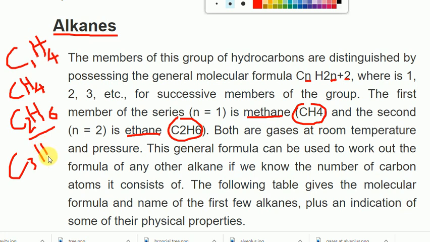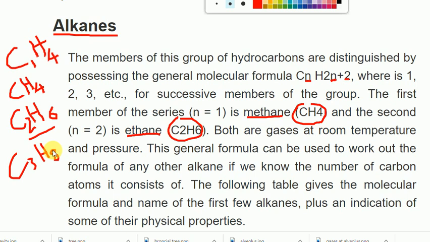Then how many H? 3 times 2 is 6, plus 2 is 8. So it is C3H8. And this member will be known as propane: methane, ethane, then propane.